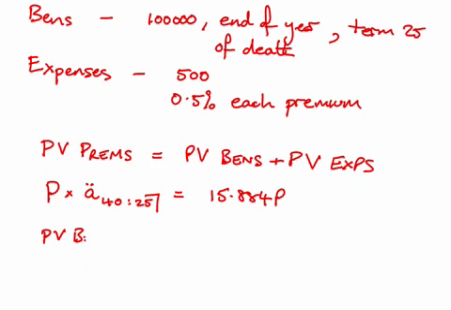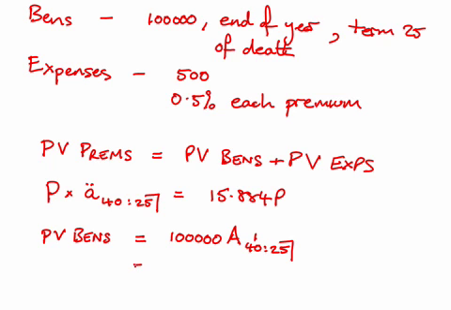Present value of our benefits then. Well, our benefit is £100,000 and it's payable at the end of the year of death, term of 25 years, so it's 100,000 multiplied by a term assurance to a 40-year-old for a term of 25 years.